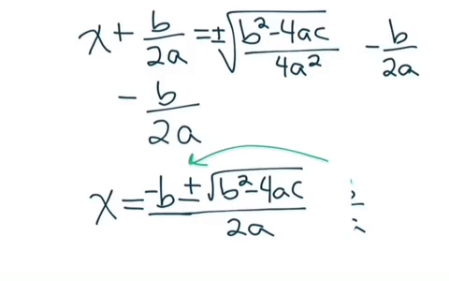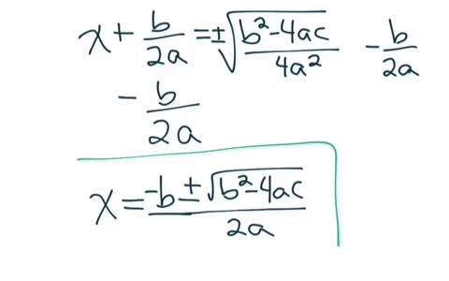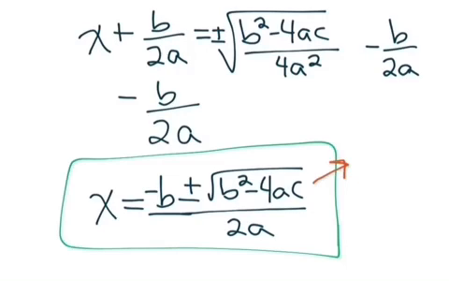So we can go ahead and erase this because we've accounted for it, and we're done. This is our quadratic formula. Within the quadratic formula, which is a formula that solves for solutions to a quadratic equation, this term right here, the b squared minus 4ac, the one that's inside the radical, is called the discriminant.